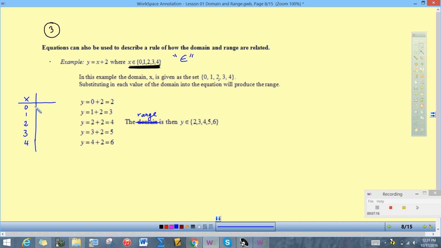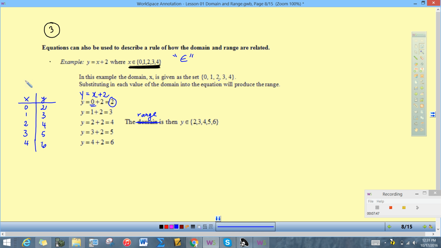And when I replace those values in the equation, y is equal to x plus 2, so when I replace 0 in there, I get a corresponding value of y that's equal to 2. And if I replace in the value 1, my corresponding value of y turns out to be 3, and then they are all increasing by 1 every time.